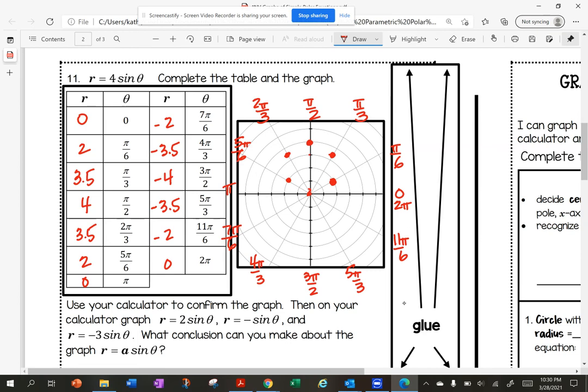At 3 pi over 2, I'm at -4, which is 180 degrees away, which is pi over 2, so I'm repeating this point. At 5 pi over 3, I'm repeating the point at 2 pi over 3. At 11 pi over 6, I'm repeating the point at 5 pi over 6. And at 2 pi, I'm repeating the point at 0. So here is my circle.